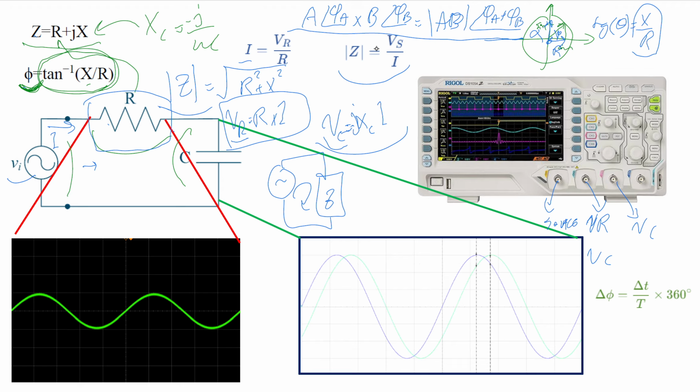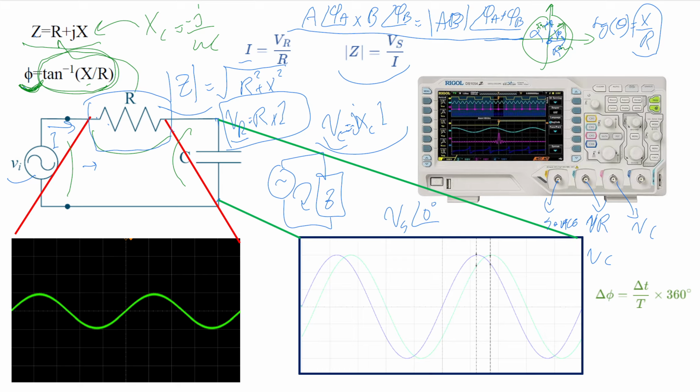We are going to consider the voltage of the source as the reference, so the voltage of the source would have 0-degree phase shift. Whatever you get across the current would determine the phase of your current.